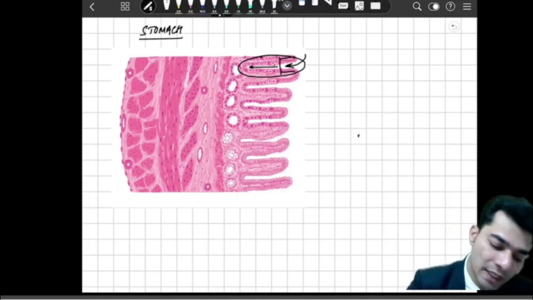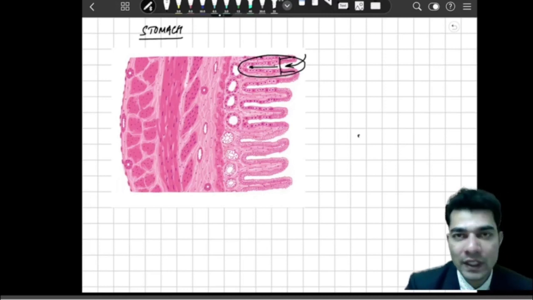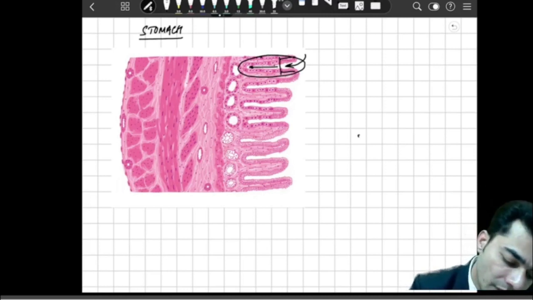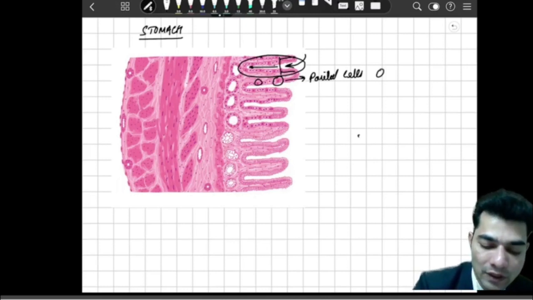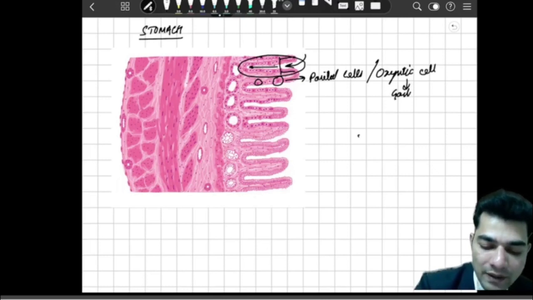What are those? In the fundic part, especially the fundic and body part, there are the parietal cells. These darkly stained eosinophilic cells, also known as oxyntic cells, secrete the gastric acid along with intrinsic factor.